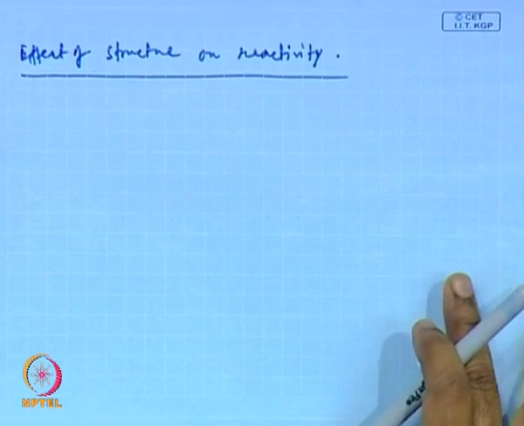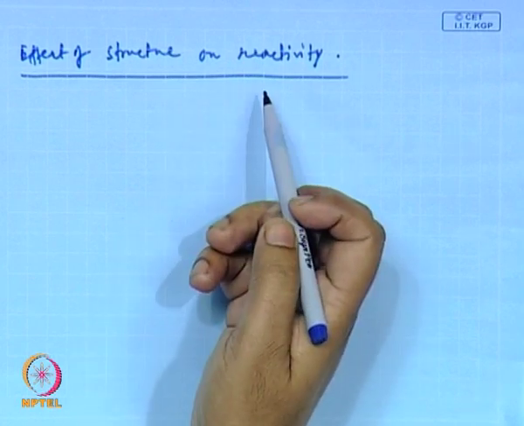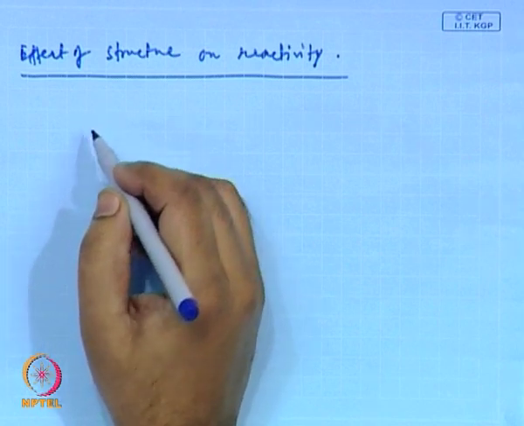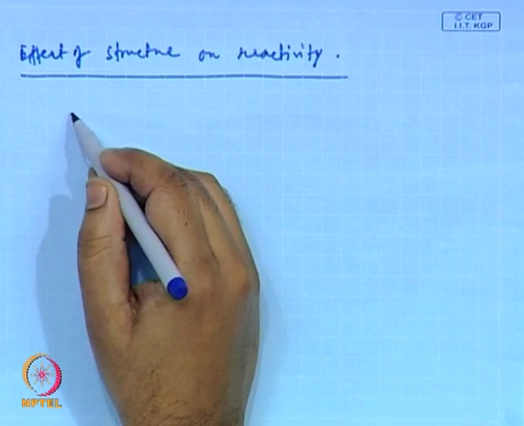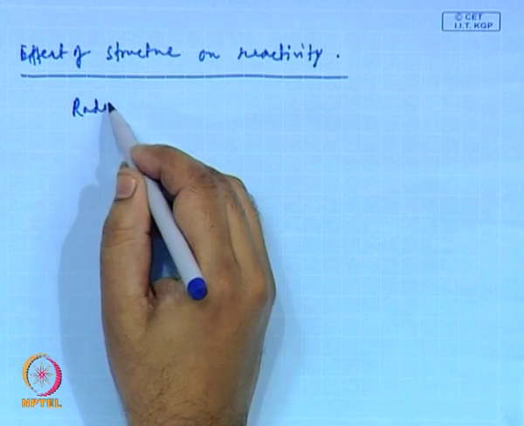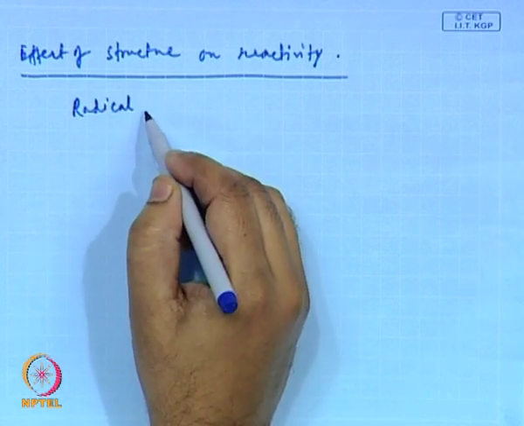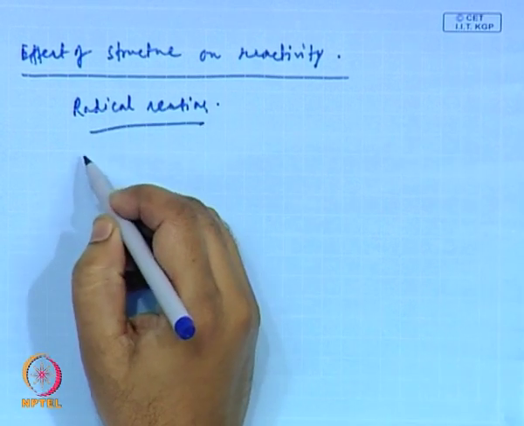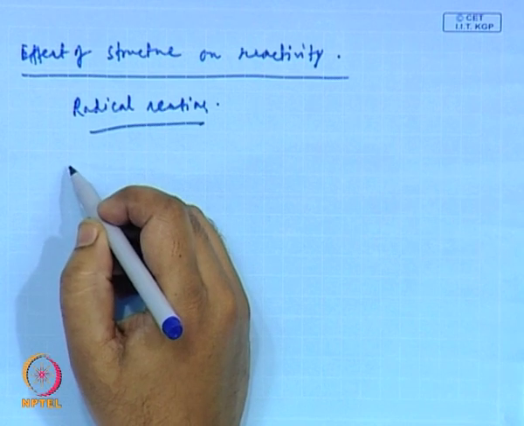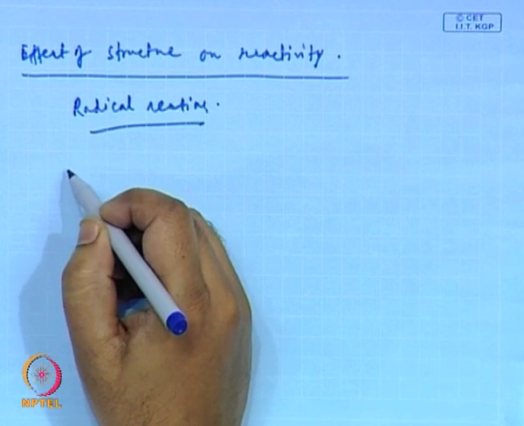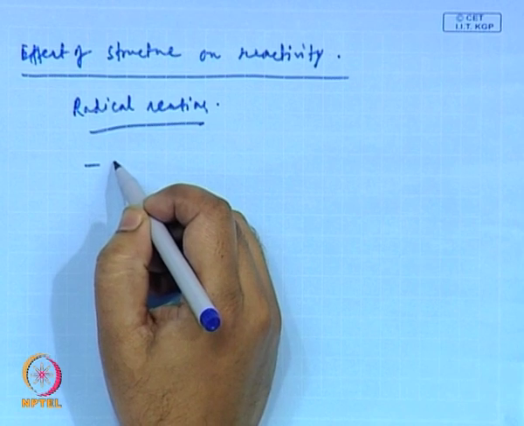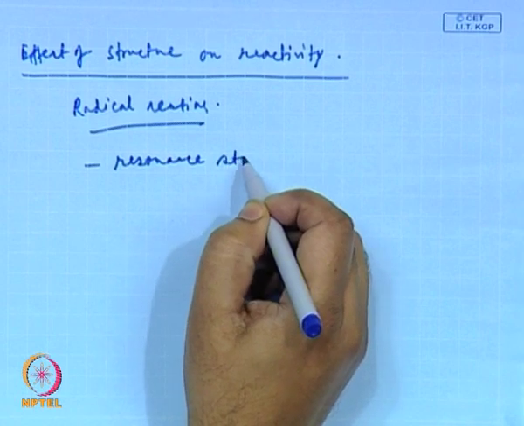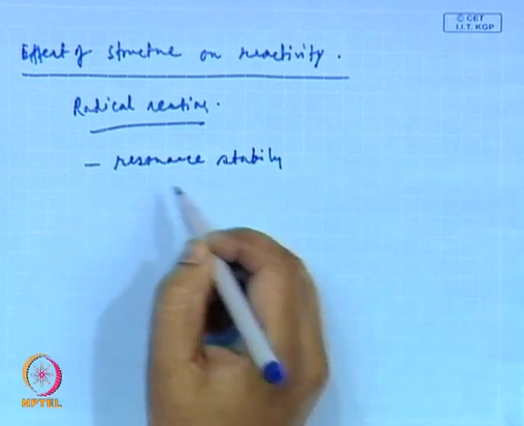Now, let us go back and see the effect of structure on reactivity. First, let us talk about the radical reaction. In a radical reaction, the copolymer reaction rate would depend on the resonance stability of the monomers or the substituent which is present.